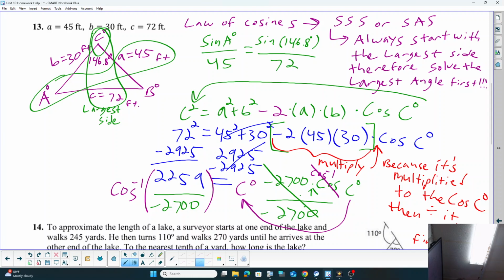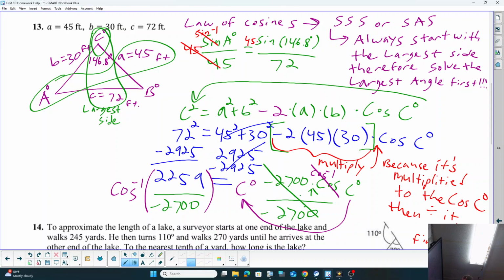And now we're going to solve for a, using law of sines. So to undo this, we've got to multiply. Solve for a, get a by itself, so multiply the 45 to the other side. Then you're going to inverse sine to undo the sine there and solve for a.